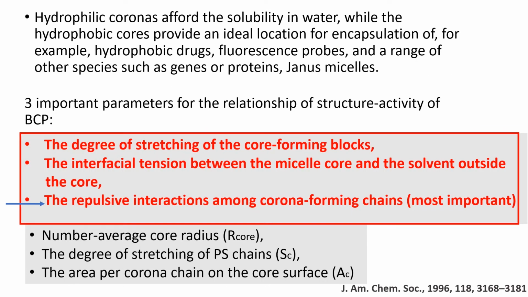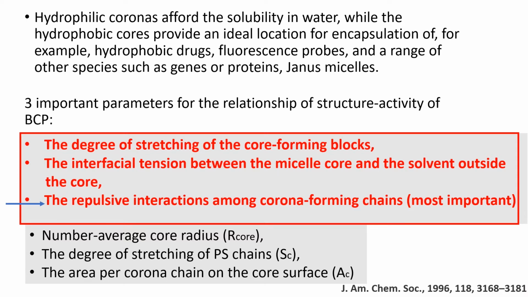Three parameters are extremely important to study the structure-activity relationship of block copolymers. It's very important to keep that in mind. I need your attention. They are the degree of stretching of the core-forming blocks, the interfacial tension between the micelle core and the solvent outside the core, and the most important, the repulsive interaction among corona-forming chains.